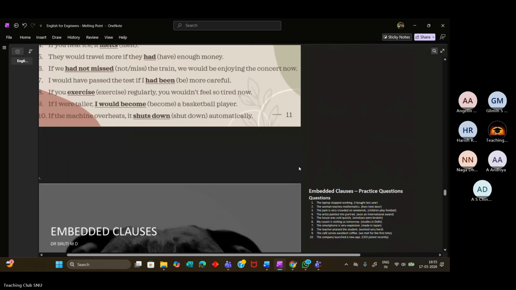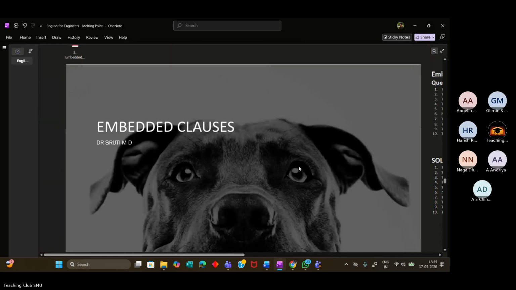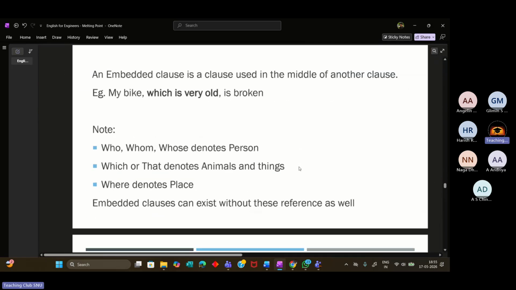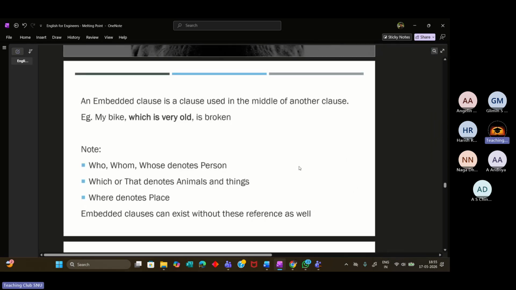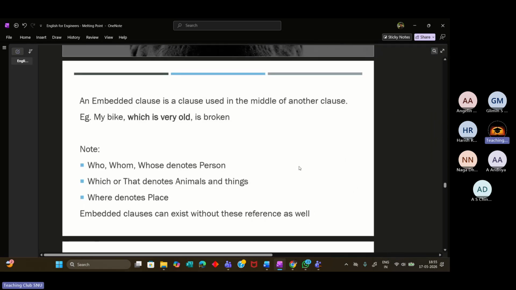Okay, great. Next, the embedded clause. There's nothing much in this. So what is embedded? Embedded is something which you add on as a central project, a sort of extra information. It adds no structure to the sentence, but it adds context.